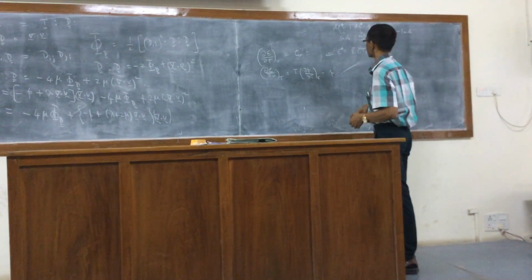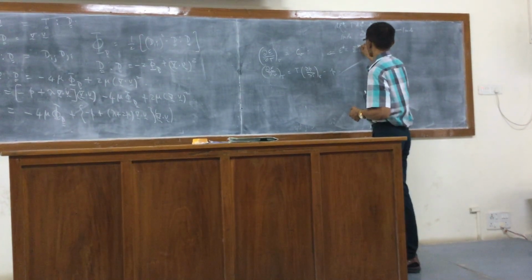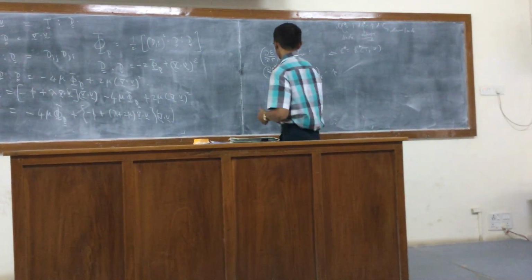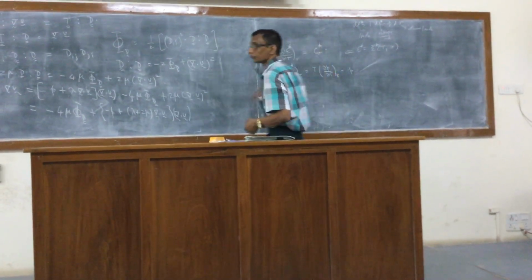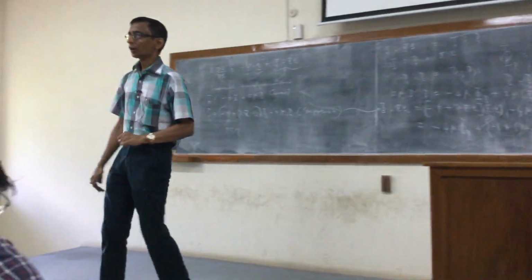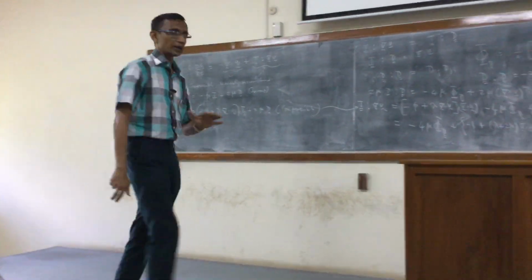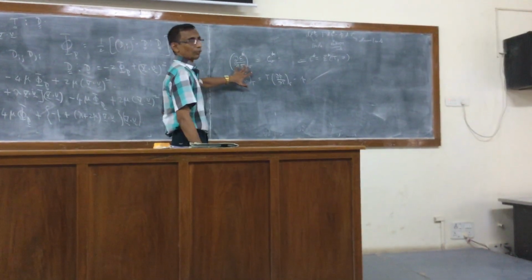This I'll leave as it is. The star would mean that I am talking about the quantities per unit mole, per mole, as they are. So this is what we have.